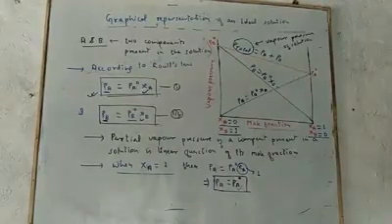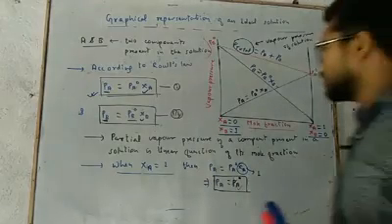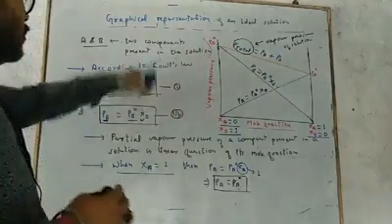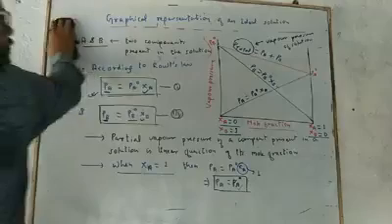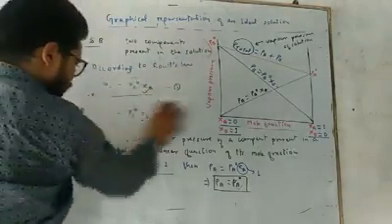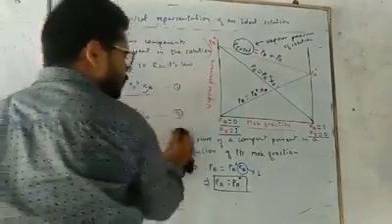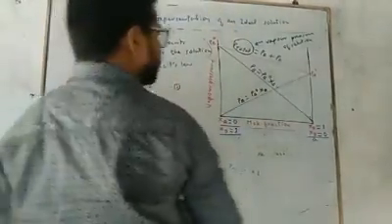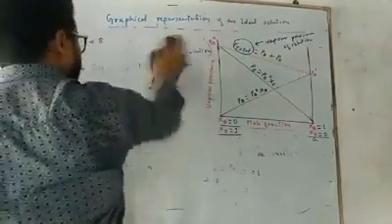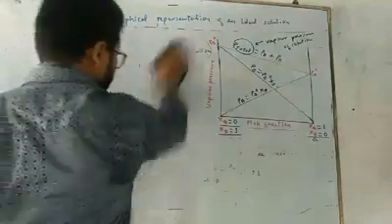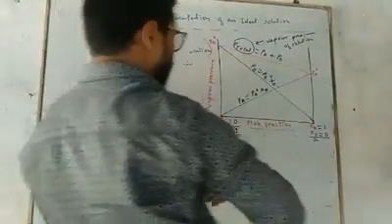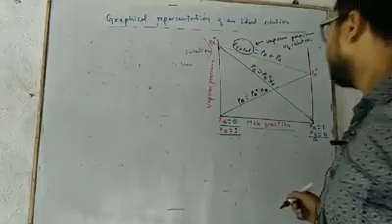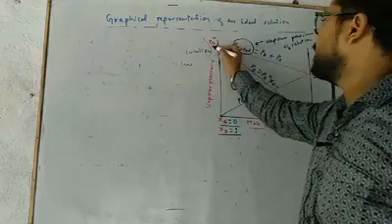Now come to non-ideal solution. One thing which is important: this P total is always in between PA0 and PB0.